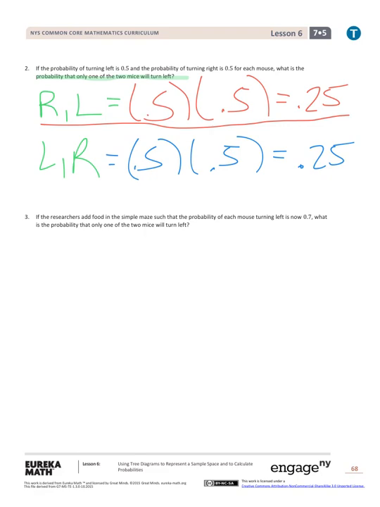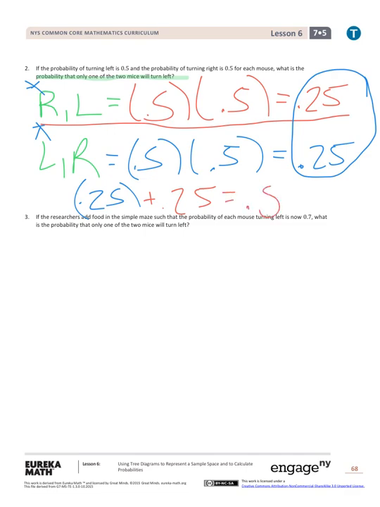Now, if I want to find the probability that only one of the two mice will turn left, I'm going to add these two numbers together, because there are two options where a mouse turns left: the first option, where it goes right-left, or the second option, where it goes left-right. 0.25 plus 0.25 would equal 0.5. So the probability that only one of the two mice will turn left is 0.5.